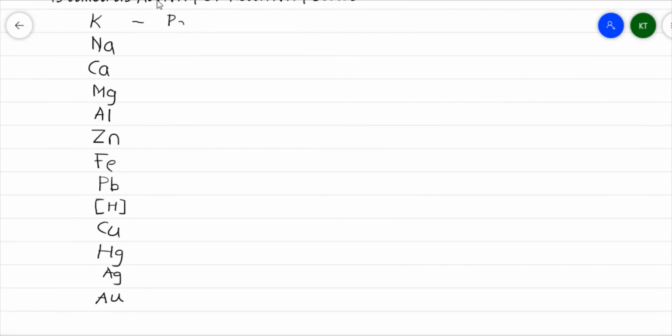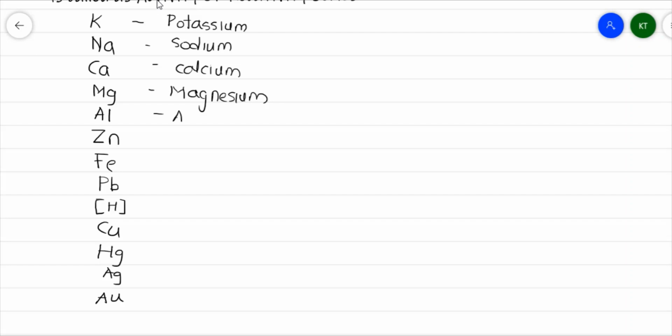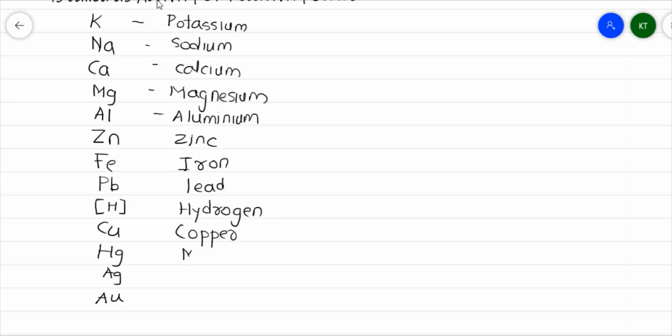Potassium, sodium, calcium, magnesium, aluminium, zinc, iron, lead, hydrogen, copper, mercury, silver, and gold. So the metal present at the top is highly reactive.